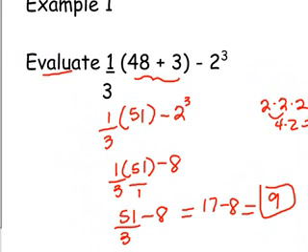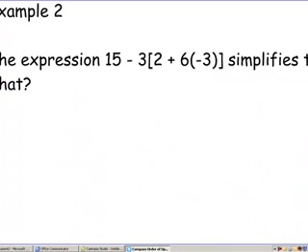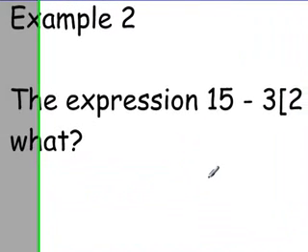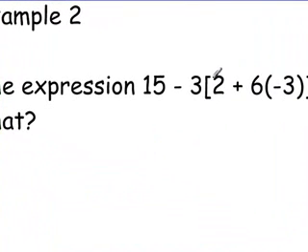Let's look at another example. Example 2. The expression 15 minus 3 times the quantity 2 plus 6 times -3 simplifies to what? So following the order of operations, please excuse my dear Aunt Sally. This one looks different because I have a bracket and a parenthesis.